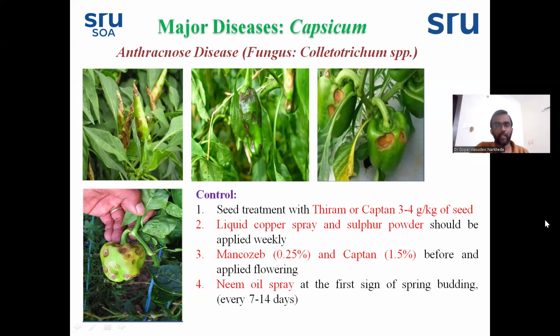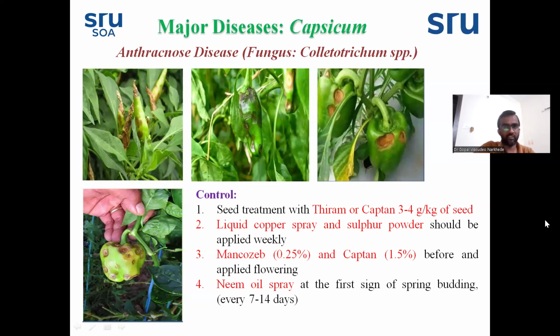Then you can spray a liquid copper spray and sulfur powder weekly. Then 0.25% mancozeb and 1.5% Captan before and after flowering. Then last is neem oil spray every 7 to 14 days.